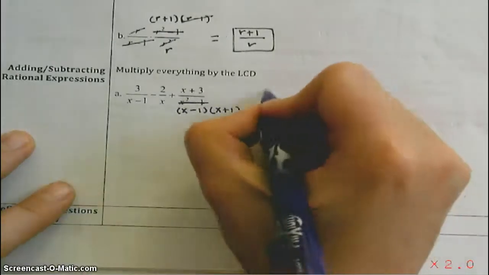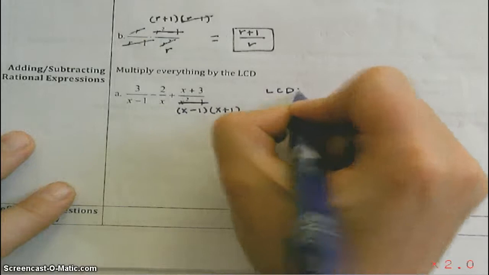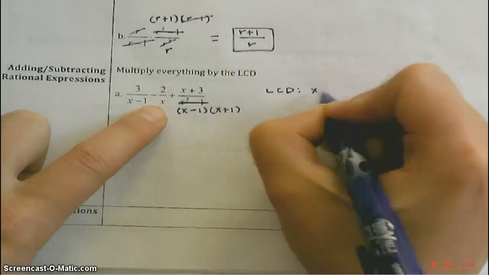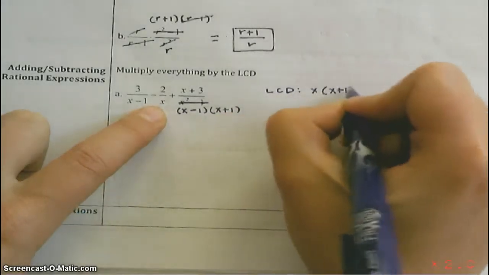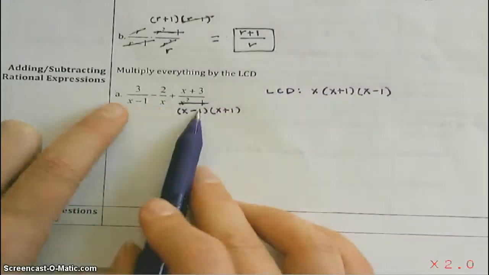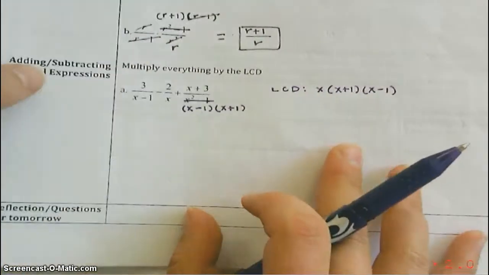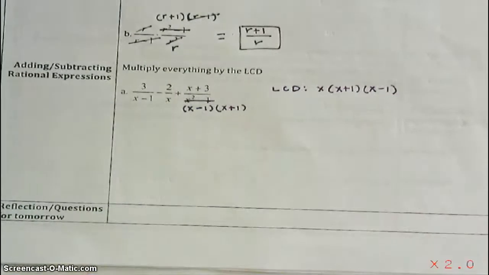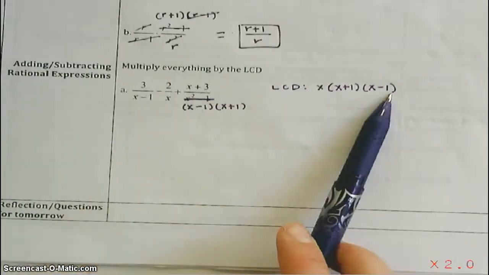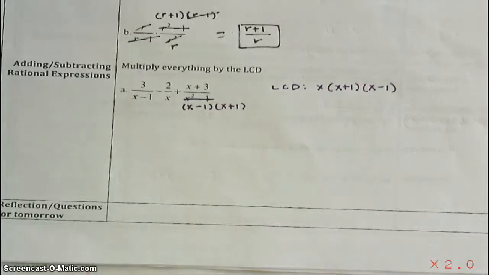So here the LCD, or the least common denominator, we're only going to have one of each factor. So that means that you're going to have an x plus 1, and an x minus 1. You don't need to list x minus 1 twice. So what you're going to do is take each term and multiply it by the LCD, and that will make up your numerator.